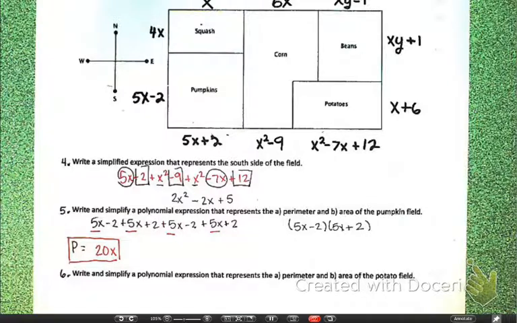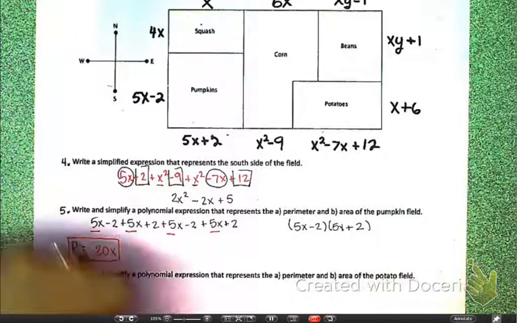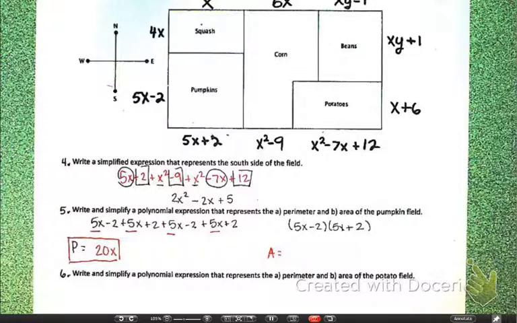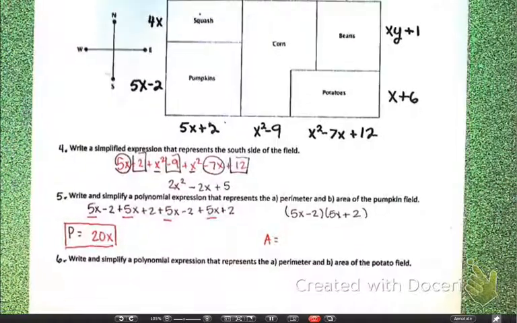Distribution or the box. So I would like you to distribute or use the box. And you might notice that this is one of your special products from yesterday, which means you can technically use the trick that you probably caught on to. If not, distribute or use the box, that's fine too.